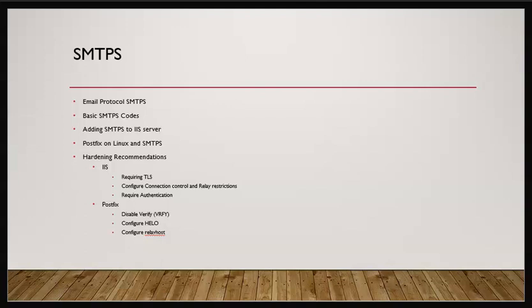And then requiring authentication. Obviously requiring authentication is always good, an extra layer of protection. When connecting to the SMTPS server, it'll ensure emails are not being sent by users without permission to do so. And this is again done in IIS 6.0 Manager.